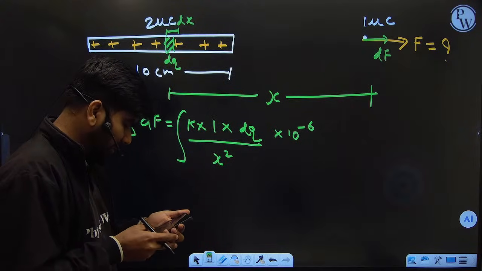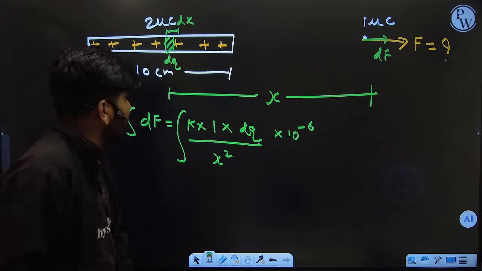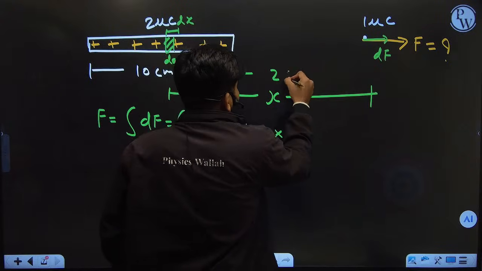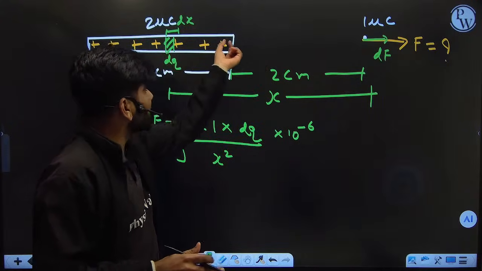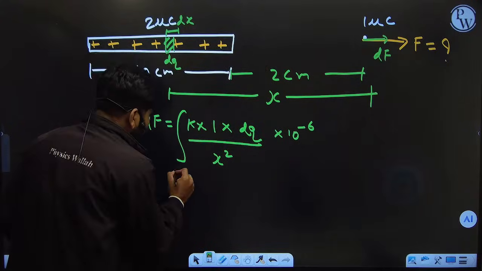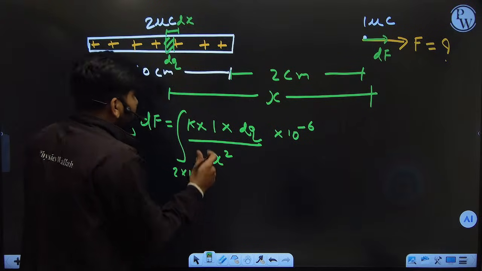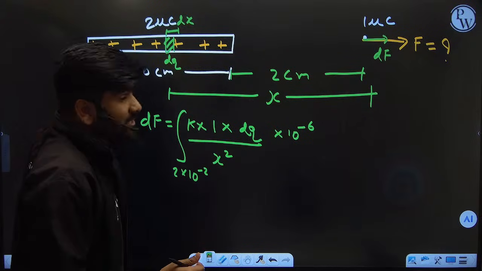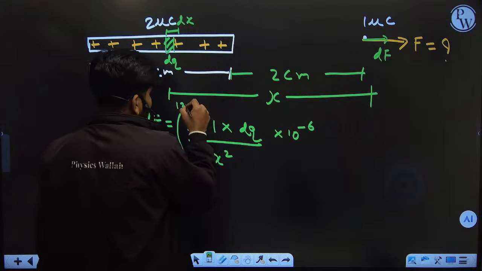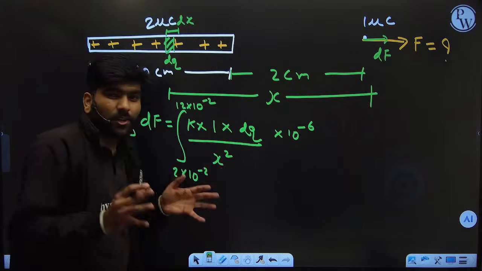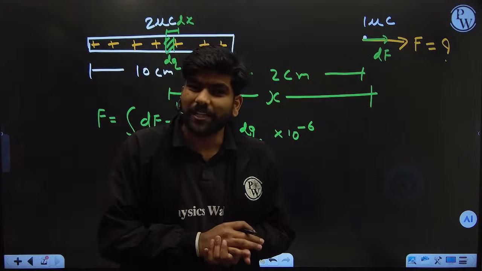I will just cross check it so that we are not doing it incorrectly. So the limit of our integration will be, this dq can lie as close as 2 centimeter, so 2 into 10 raised to the power minus 2, and this dq can lie as far away as 10 plus 2, that is 12 centimeter. I will write it in SI unit, that is 12 into 10 raised to the power minus 2 meter.